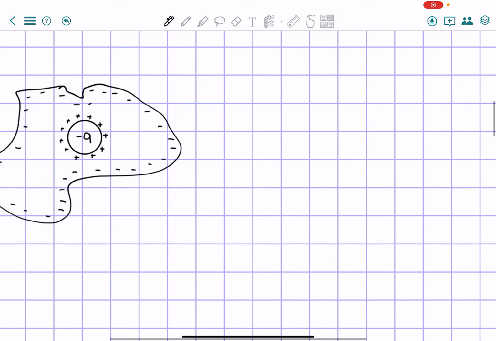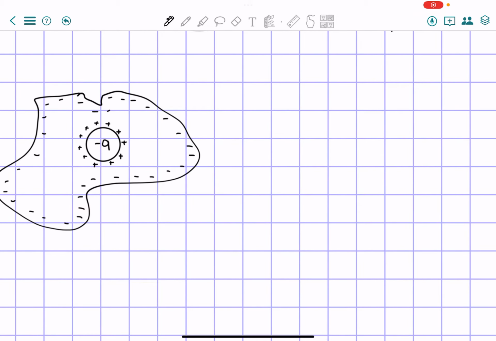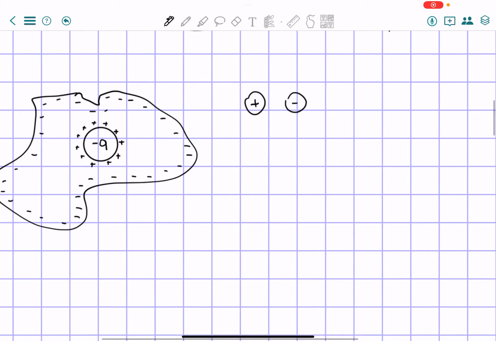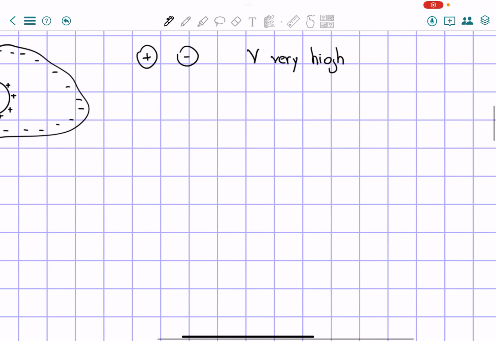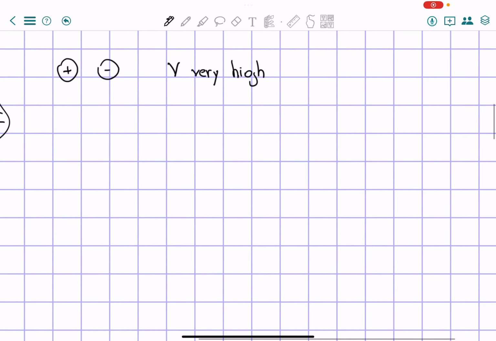Now, this makes sense because we can imagine that the closer they are together, if a positive particle is very close to a negative particle, then the potential energy will be very high if they're very close. And in this case, the force of repulsion will be very high.